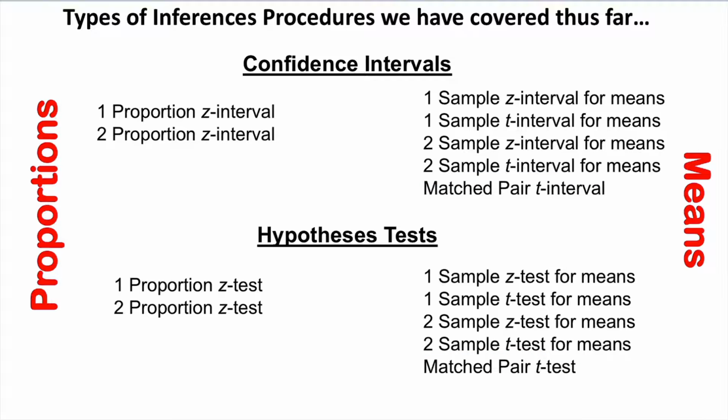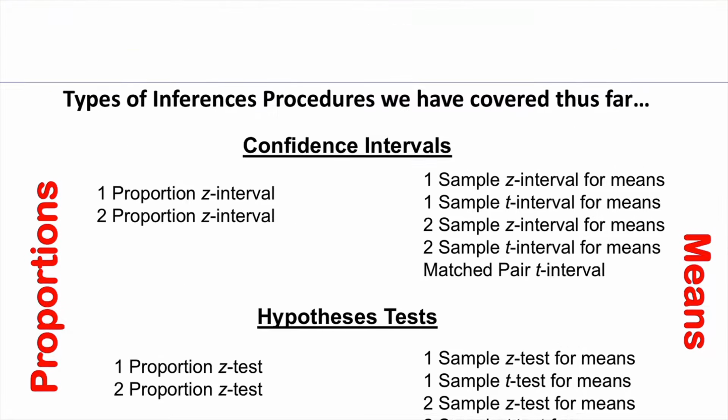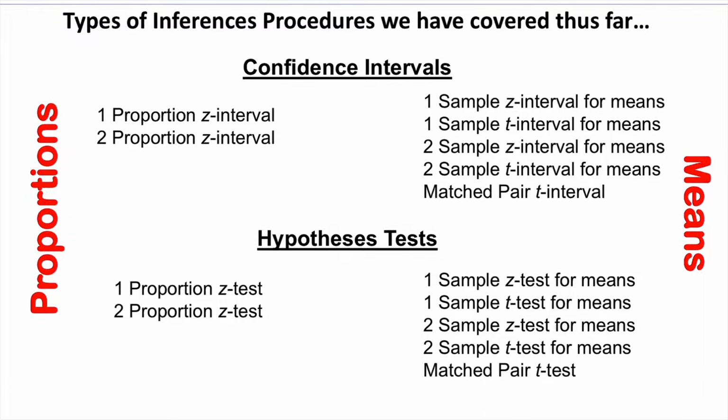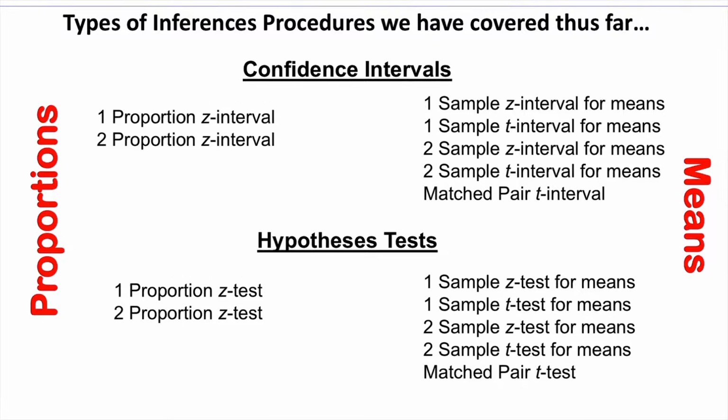Look at the first example. Which one would we use to solve that question? It talks about, what does it talk about? He randomly selects 50 students. Which one of these would we use to solve that?